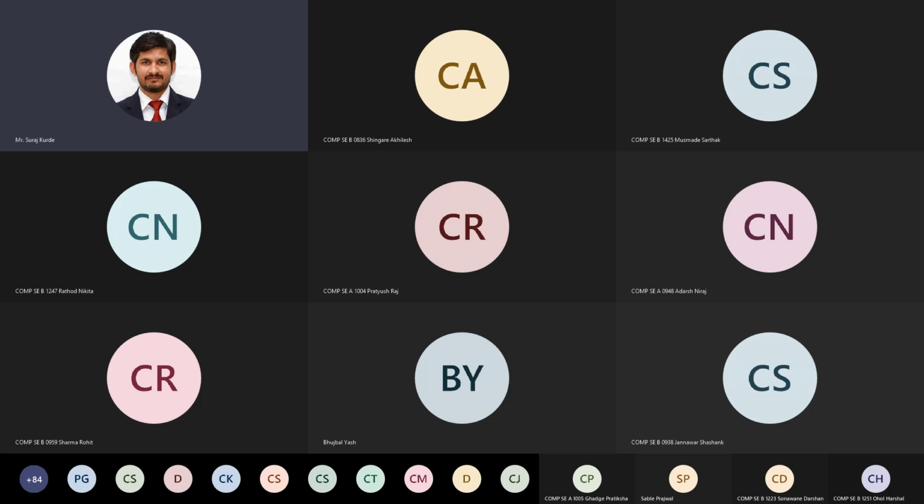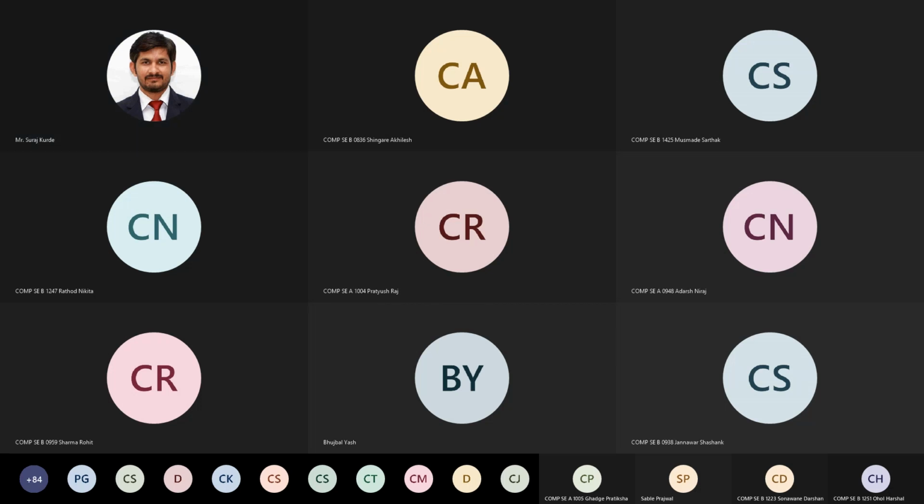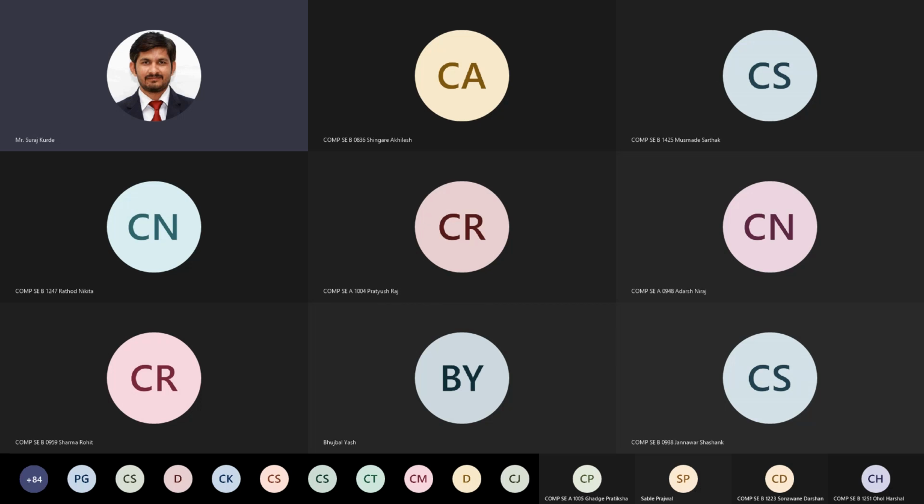When you solve that quiz, you will solve some questions and get hands-on practice. The points will be revised and everything will be cleared. If you find any difficulty, you can ask in the next session. So always solve those quizzes. Don't neglect them, because in TOC you need a lot of practice.